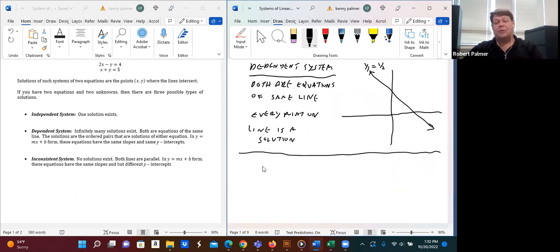So first, we want to talk about solving by graphing. To solve the system is to find the solution. We can solve by graphing.